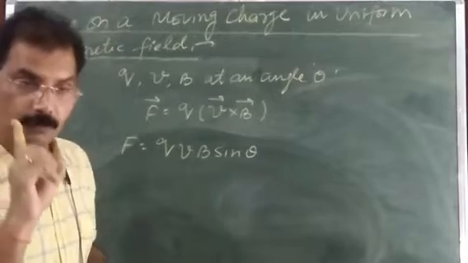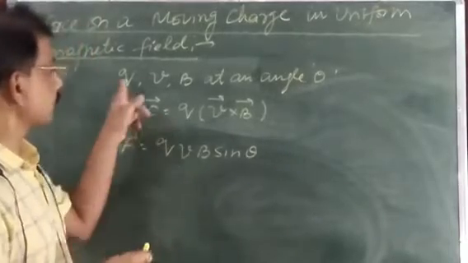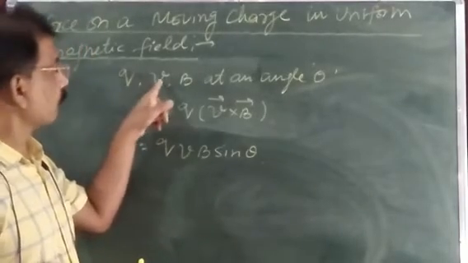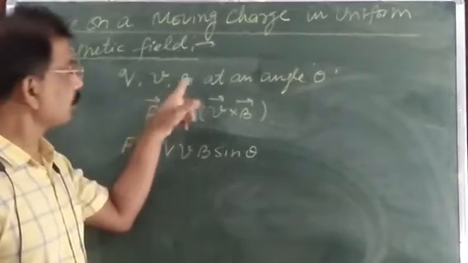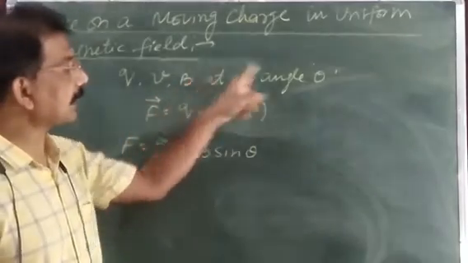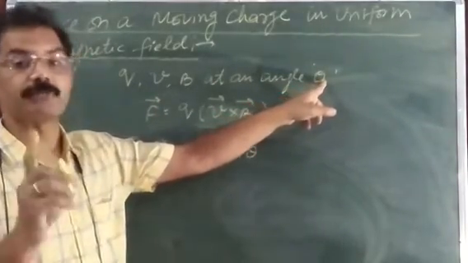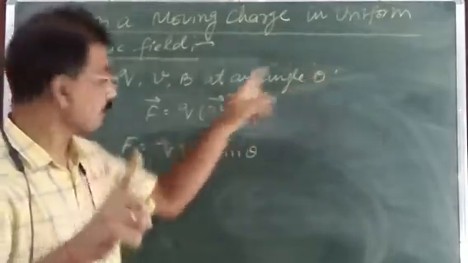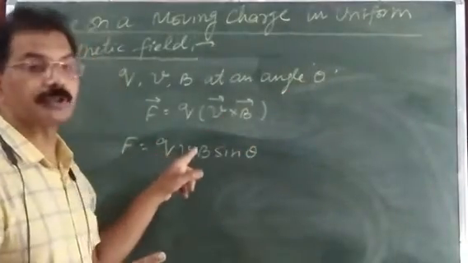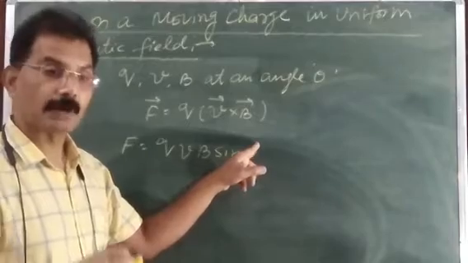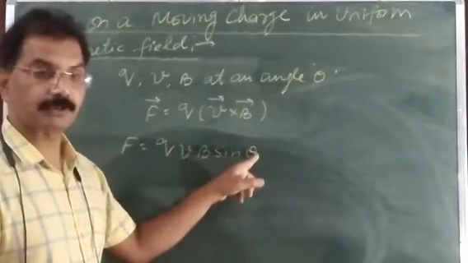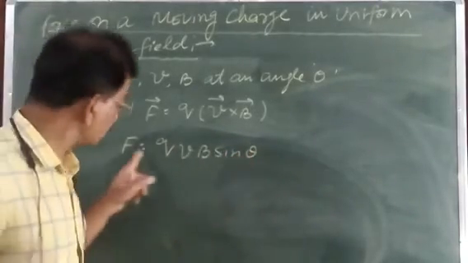So dear student, always remember this: when a charged particle Q moves with velocity v in a uniform magnetic field B at an angle theta, it will experience a force whose magnitude is Q V B sine theta, and you can calculate the magnitude by this. And how can we find the direction of this force?